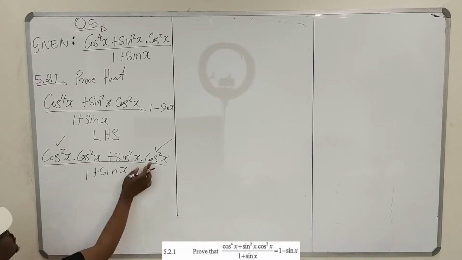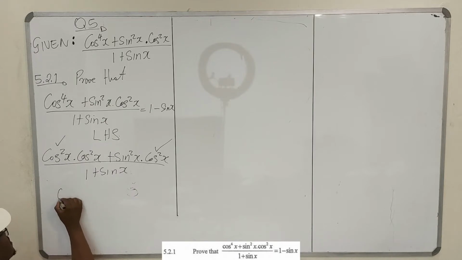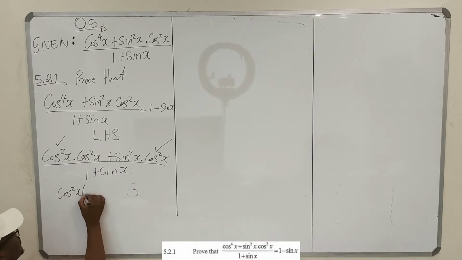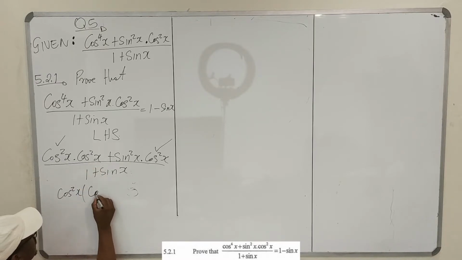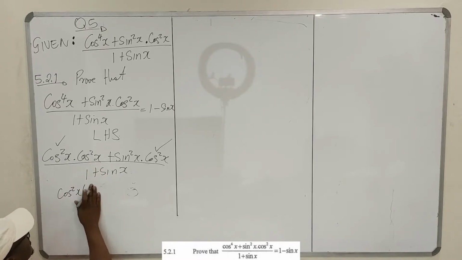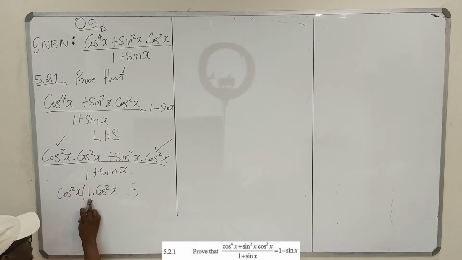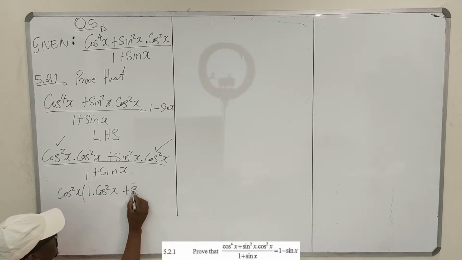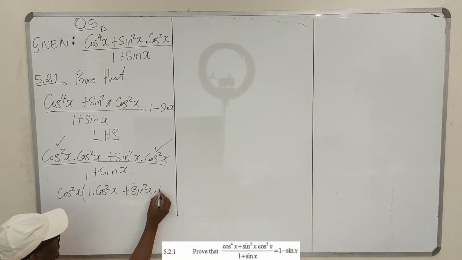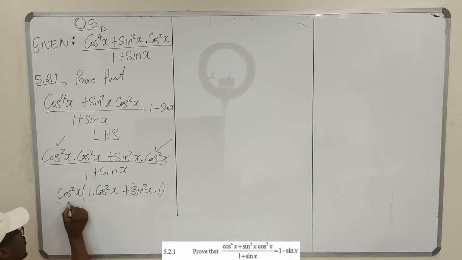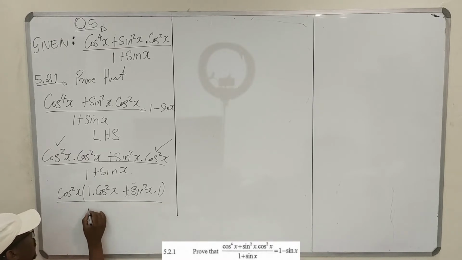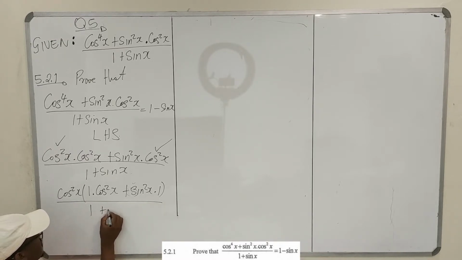So take cos squared x as your common factor. What we're left with is 1 times cos squared x, because this is where the other cos was sitting, plus sine squared x times 1, all divided by 1 plus sine x.